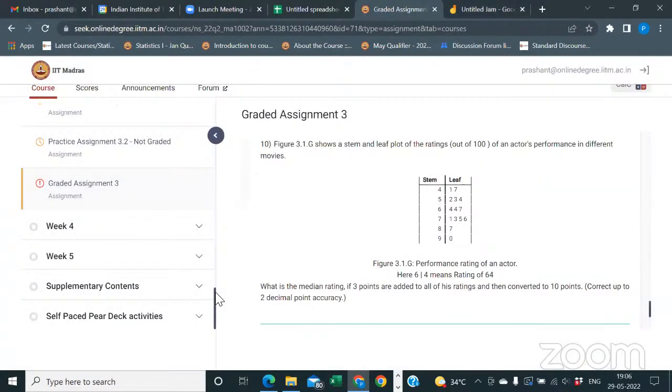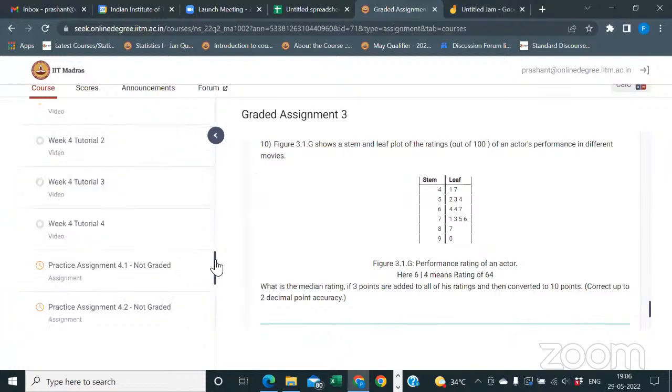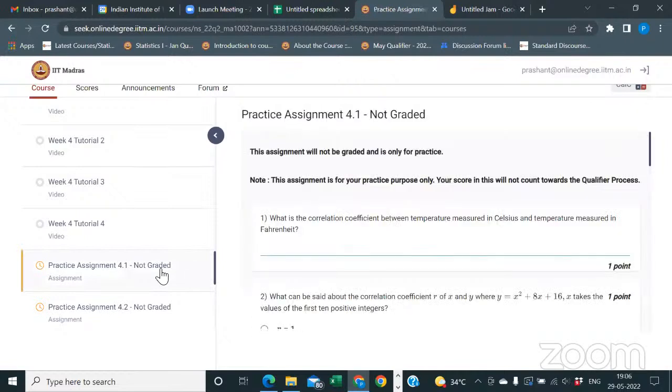Which practice? 4.1, sir. Sir, before going ahead, I have one more thing, please. Like that, what we are doing, are we comparing the whole data, converting that whole data into a 40 ratio?